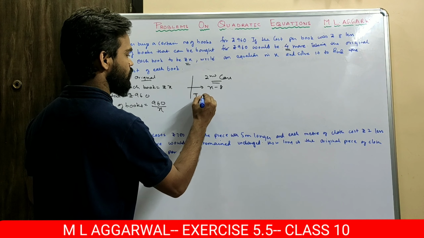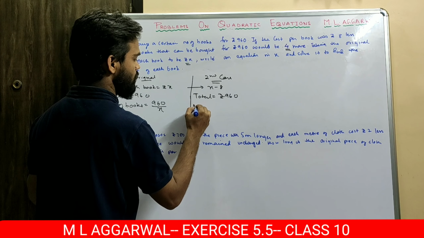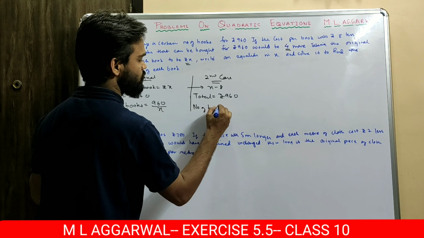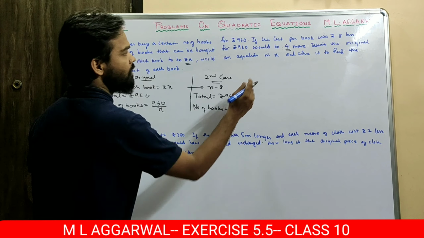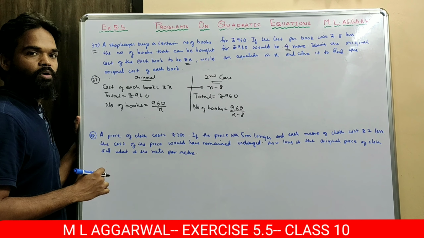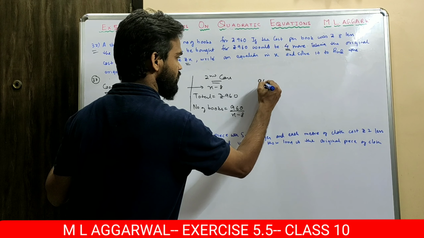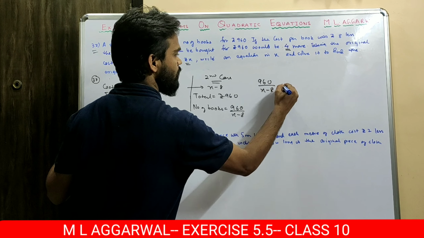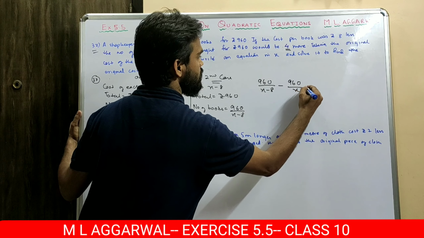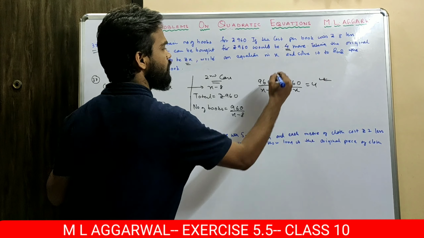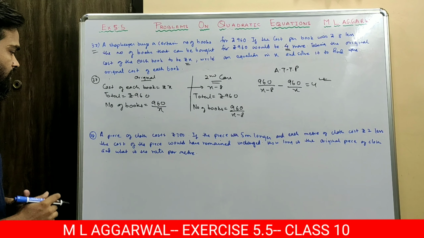Over here again your total is still the same. You have 960, which means number of books which you can buy is 960 by x minus 8. And the difference in the number of books is 4. And of course, you can buy more books in this case. So second case minus the first case is equal to 4. And that's your equation. Am I clear? Now look at the next one.